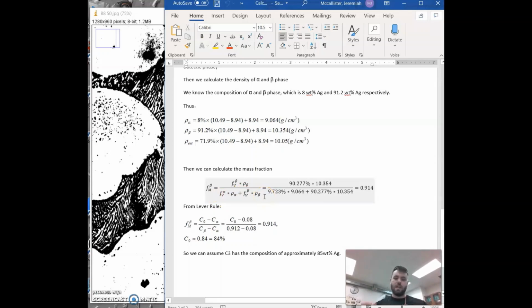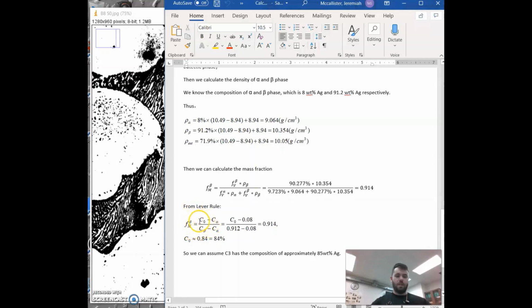So we're basically saying our beta weight divided by the weight of all of our material at once. And that gives us a fractional mass, in this case 91.4. In the other case you would plug in our 80.6 and our 19.4 here.